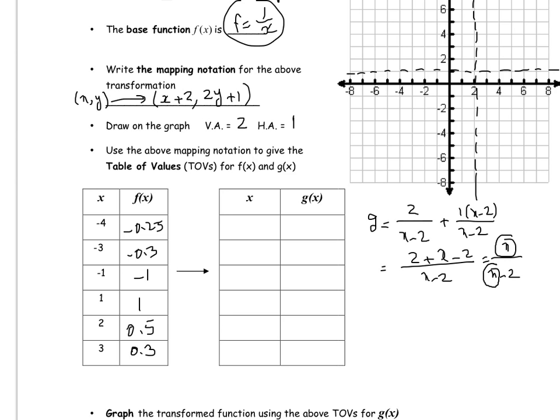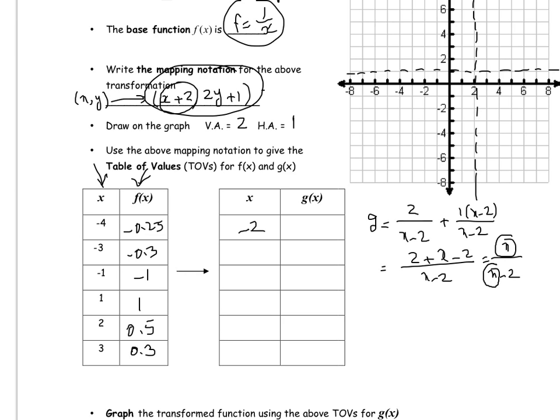Now I'm going to use the mapping notation that I have here, and apply it to x and also to y to get x and y of the transformed function. So let's start with x. If x is negative 4, I put it in this. Negative 4 plus 2 gives me negative 2.